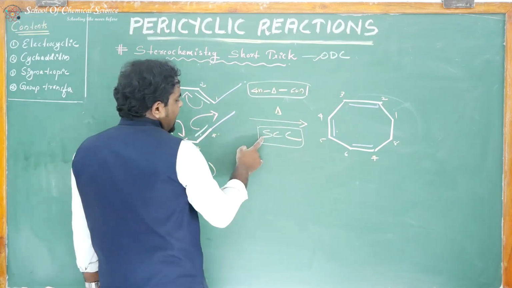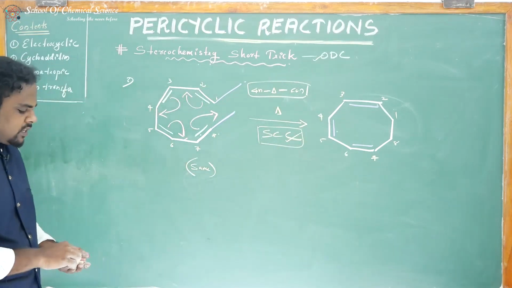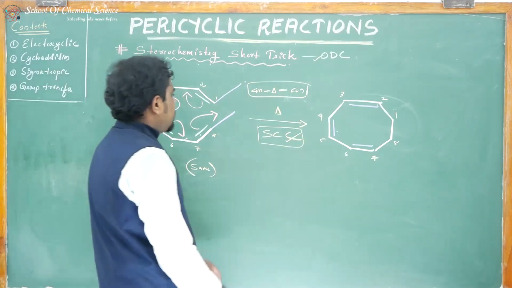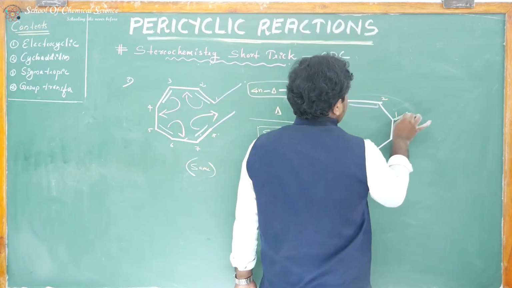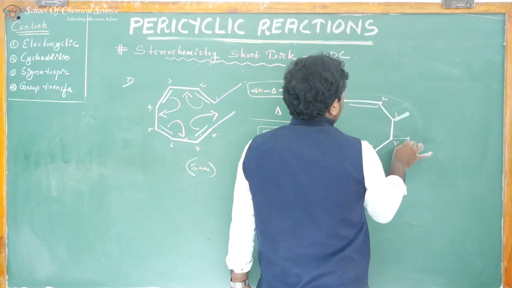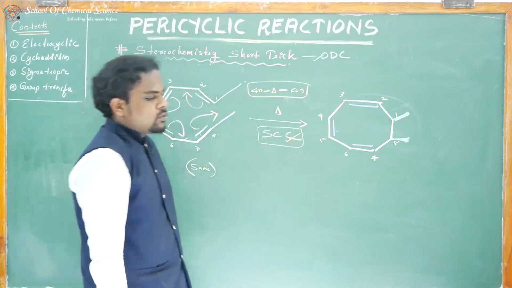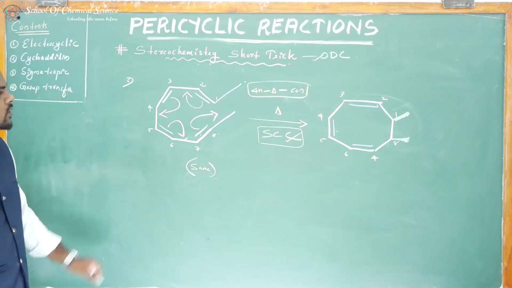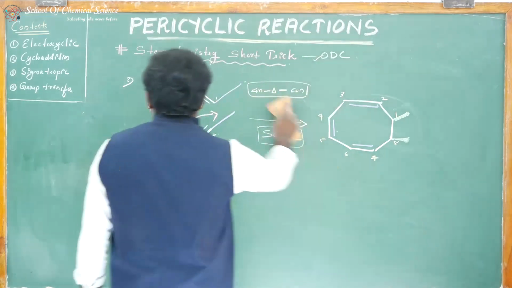So same side con rotation, stereochemistry will be cis. That means the two methyl groups are in same side. One methyl group above, then other is also above. Or one methyl group below, the other is also below. That is the stereochemistry of that reaction. Okay, next question.